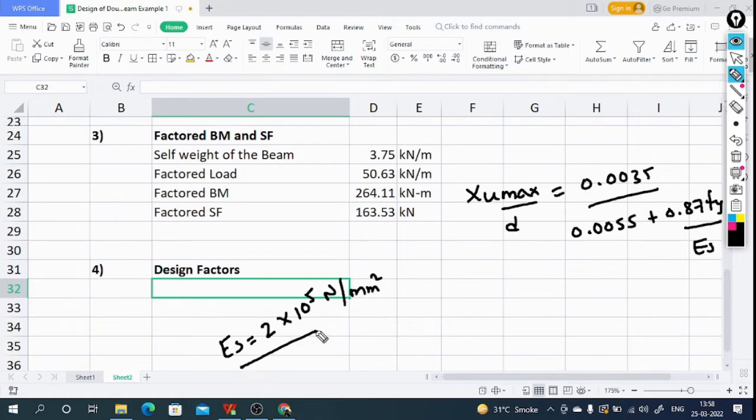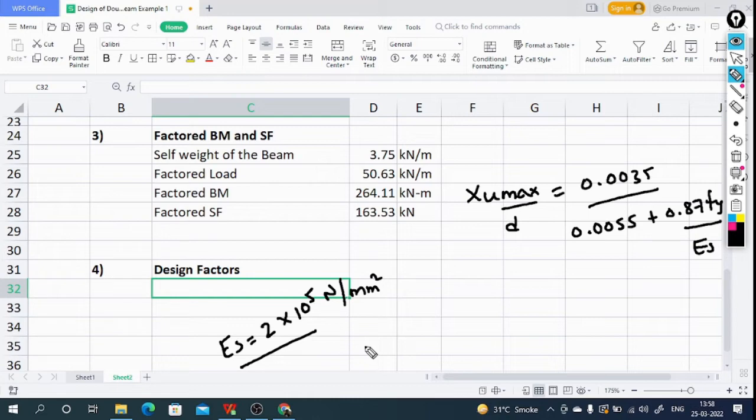And you see this value of Young's modulus of steel remains constant. Whatever the grade of steel that you will be using, whether Fe 250, Fe 415, or 500, the value of Young's modulus of steel does not change.